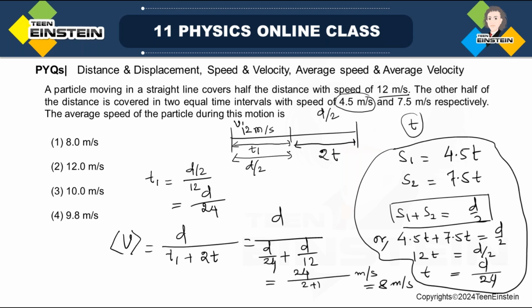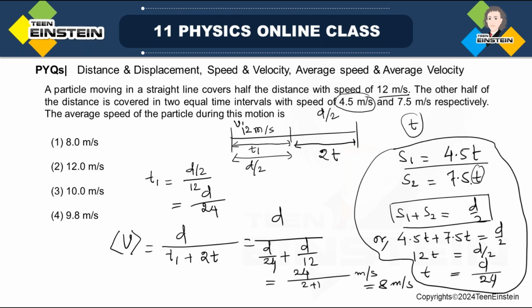So what I have done: in the question it is given that the first half, that is d by 2, is traveled with speed 12 meters per second, and the remaining half is traveled with two different speeds but takes equal intervals. By that I can find that with 4.5 meters per second speed, if it travels for time t, it covers S1 distance, and the remaining distance S2 is covered with speed 7.5 meters per second in another equal interval t.